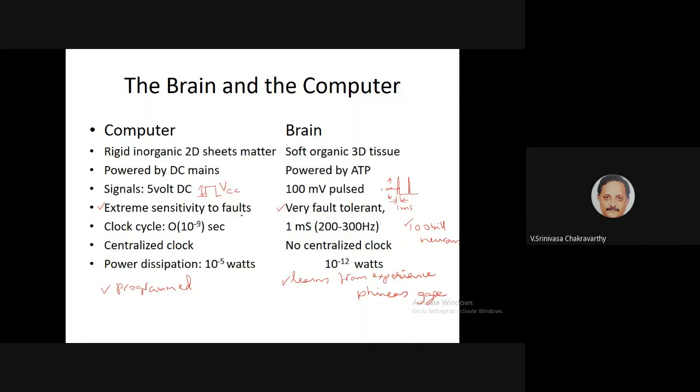So, a computer is made of rigid, inorganic 2D sheets of matter. The brain is soft, organic 3D tissue. But here again, strictly speaking, people are now developing floppy electronic chips.